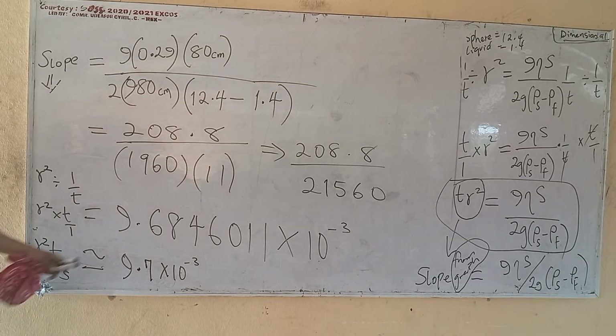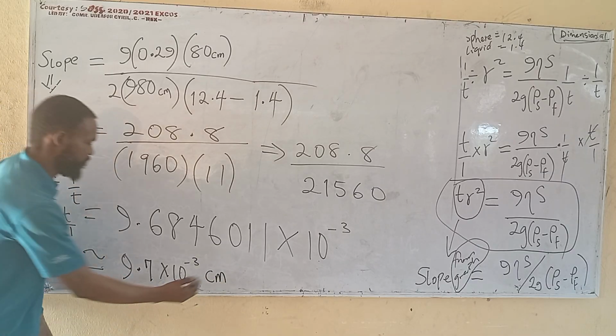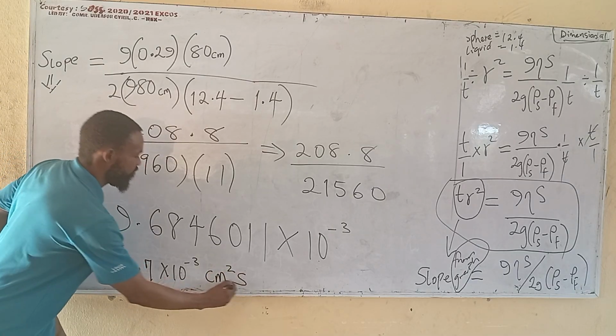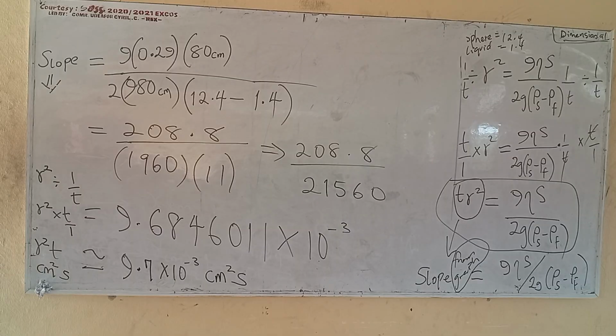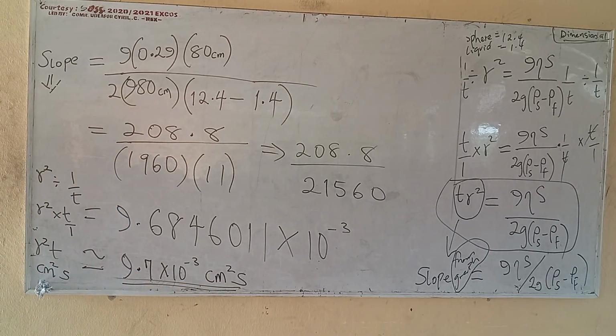The unit of this is centimeter squared seconds. Hope it's making sense to you. The unit of your slope is determined by what you are plotting on the vertical and horizontal axes. So that is what I've noted here. If you now want to convert to meter squared per second, you can also do it using those numbers.